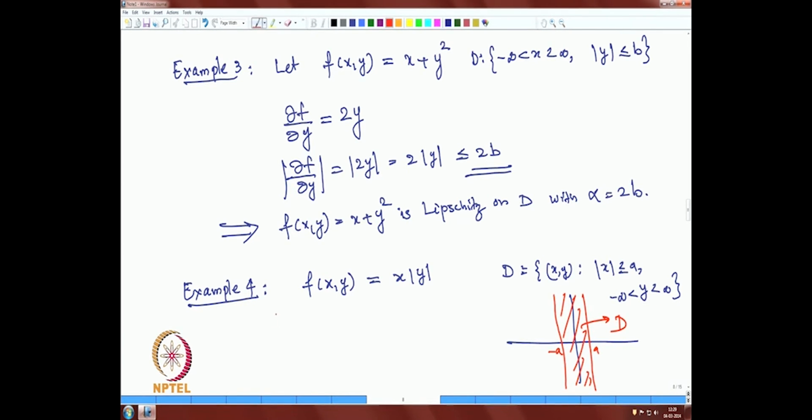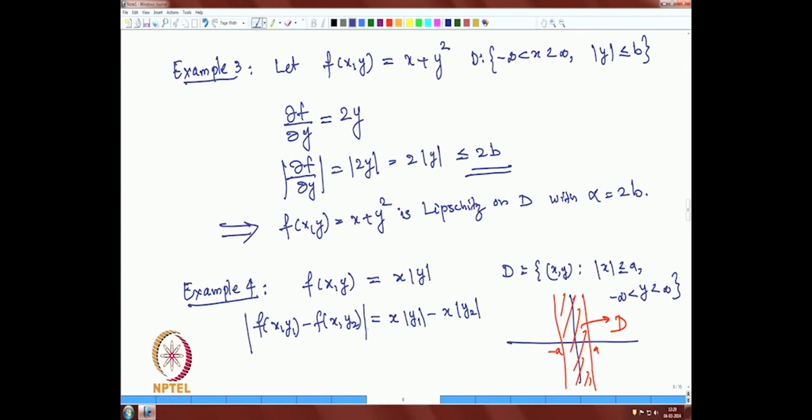So, if you check for Lipschitz continuity, f of (x, y1) minus f of (x, y2), where (x, y1) and (x, y2) are two points in the domain, is equal to x absolute value of y1 minus x absolute value of y2.